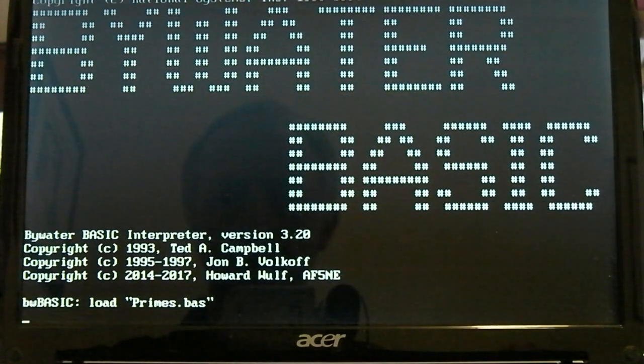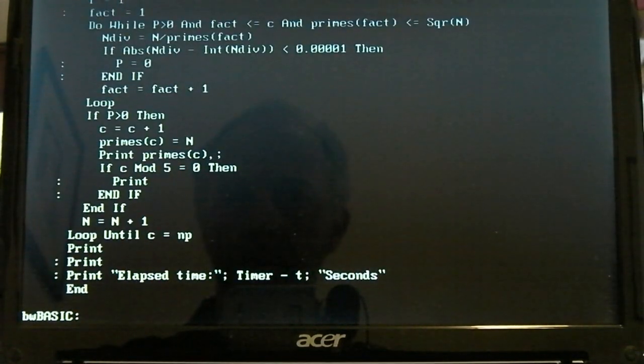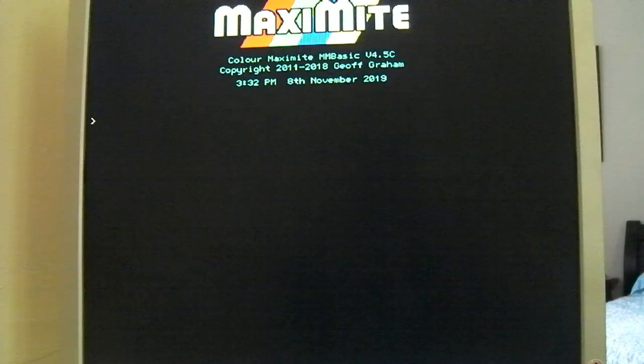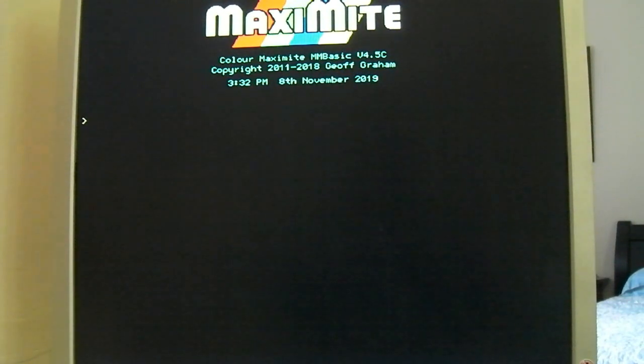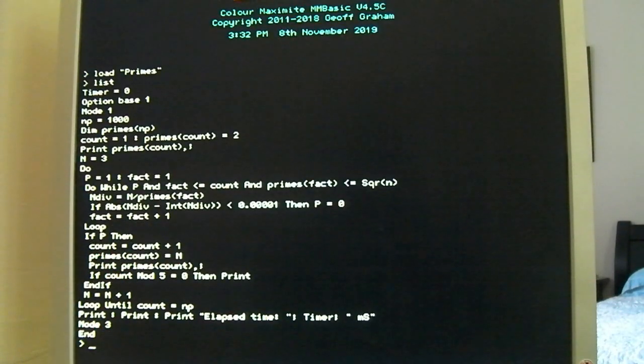I ported a program from Basic to BW Basic to calculate the first 1,000 primes. I'd originally written this to compare the performance of various different versions of Basic. I thought this would make an interesting test to compare the performance of a Maximite running Basic and BW Basic running on the Atom Z520.